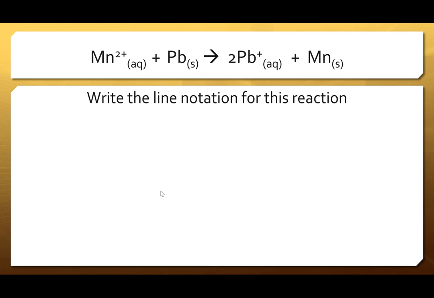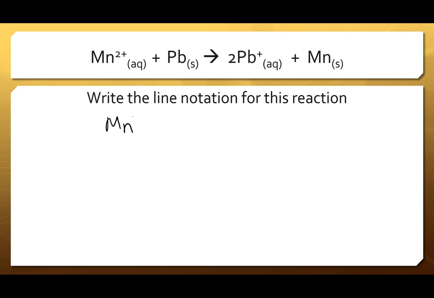See if you can pause the video and draw the line notation for the following reaction. All right. The first thing that we need to do is break this up into the two half reactions and determine where the oxidation and reduction are happening.